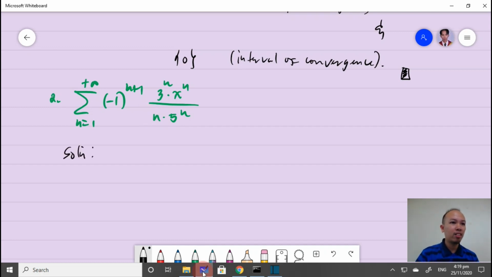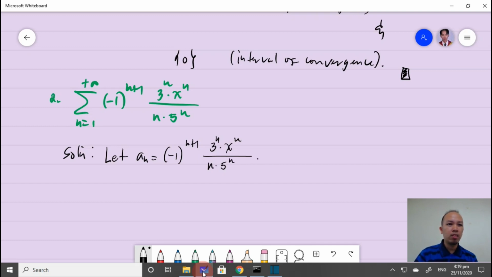Okay, again, in this example, we are going to let a sub n be this one here: negative 1 to the n plus 1 times 3 to the n, x to the n over n times 5 to the n.